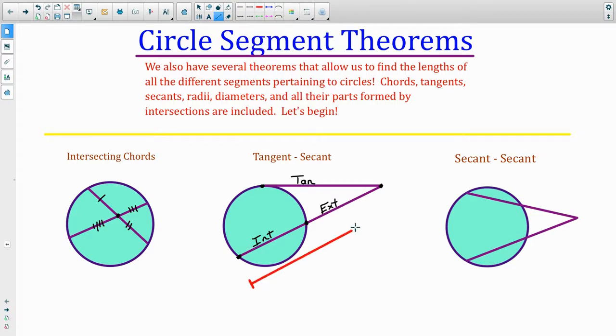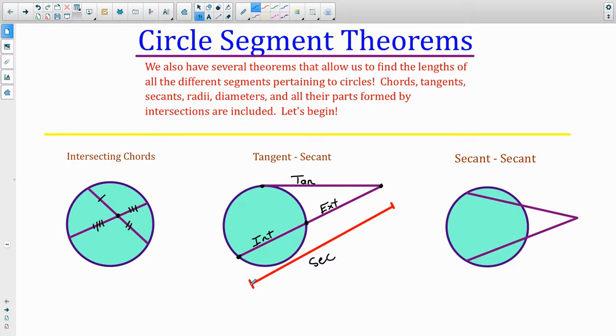If we started here and went all the way to there, right? Then we have the whole entire secant length. So that's the whole entire secant. So again, with a tangent, there's only going to be one part. However, there's three different parts we could refer to when we talk about a secant: the outside part, the exterior, the inside part, the interior, and of course, the whole secant length if it begins and ends at those two points.